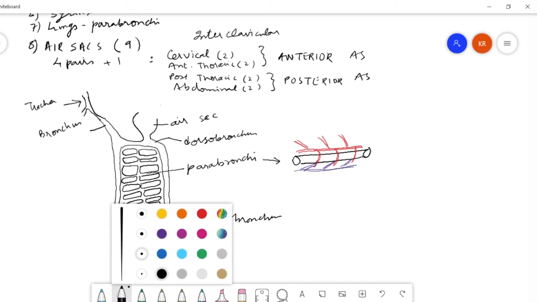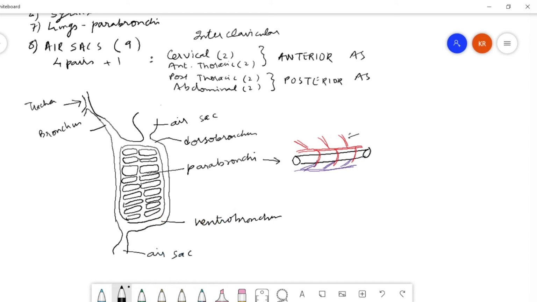What you have to understand is that this is the parabronchus, which is a tube, an empty space where the exchange of gases is taking place, and this is the capillary, and in this capillary there is oxygenated blood, and in this part of the capillary, again capillary, there is DO2.